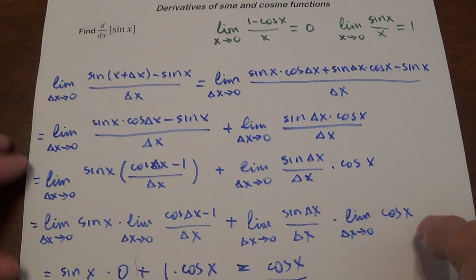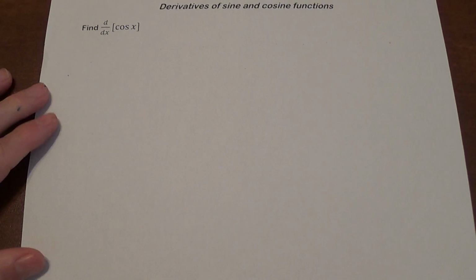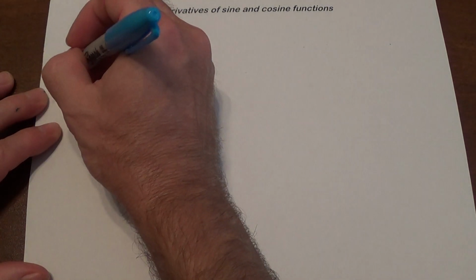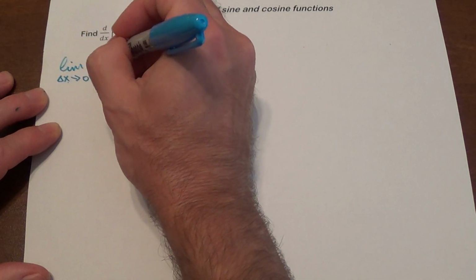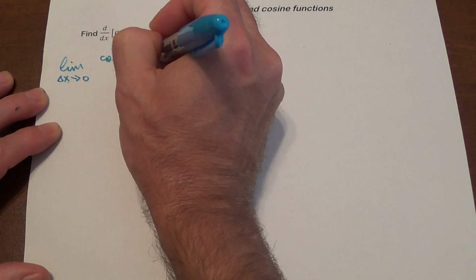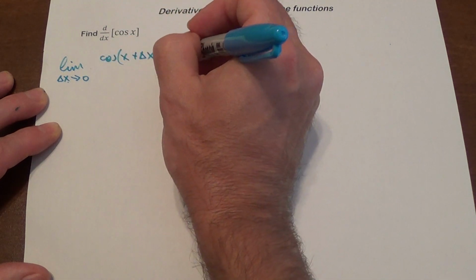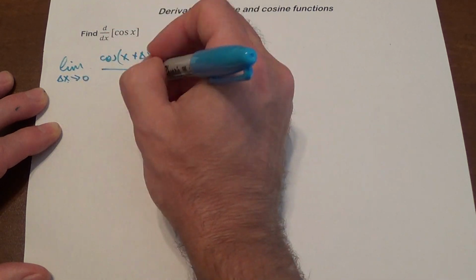Let's take a look at the derivative of cosine. So we're going to set it up exactly the same way. It's going to be the limit as delta x approaches 0 of cosine(x plus delta x) minus cosine x, divided by delta x.